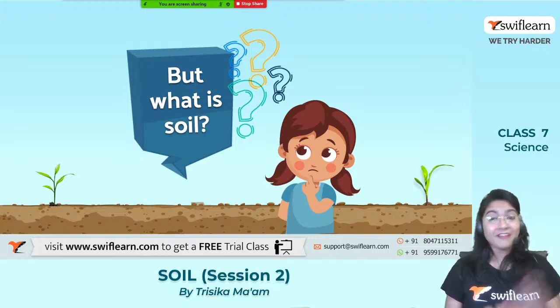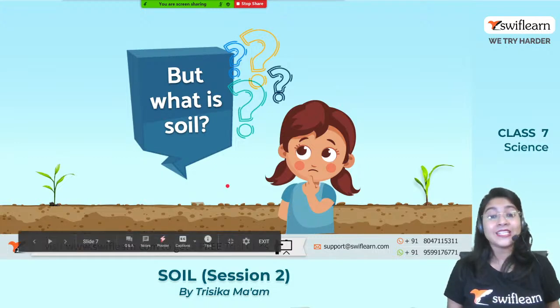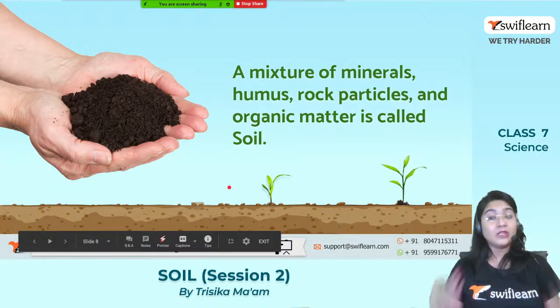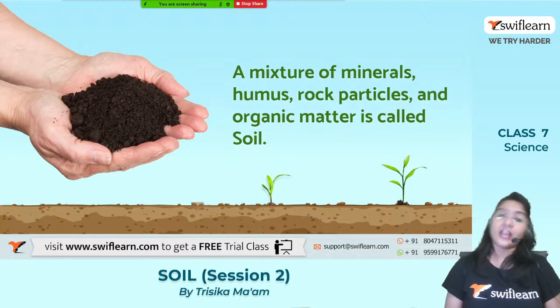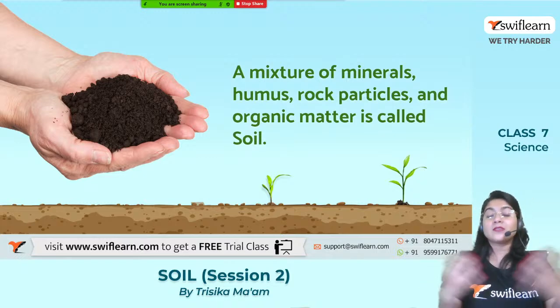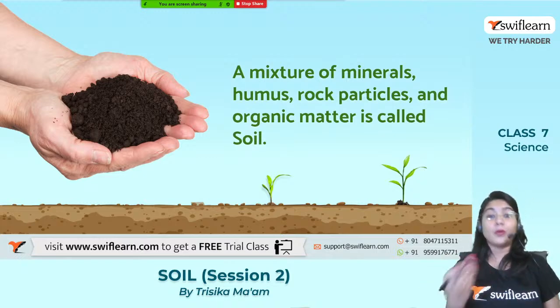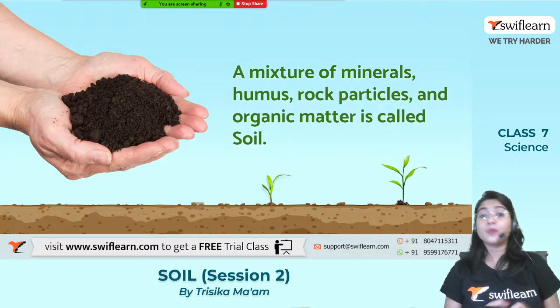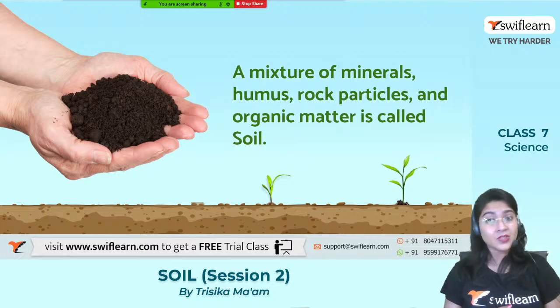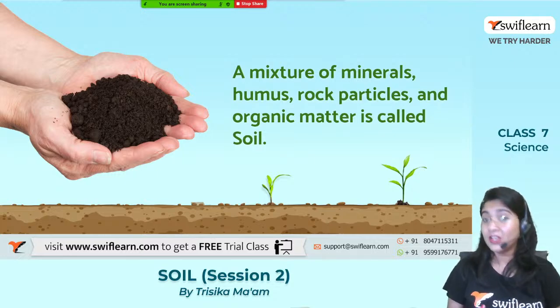A very simple definition of soil is that it is the mixture of minerals, humus, rock particles as well as different organic matter, right? These totally mix up to form the soil. We have already discussed what humus is. It is formed from dead plant matter, which gives a dark coloration to the soil.